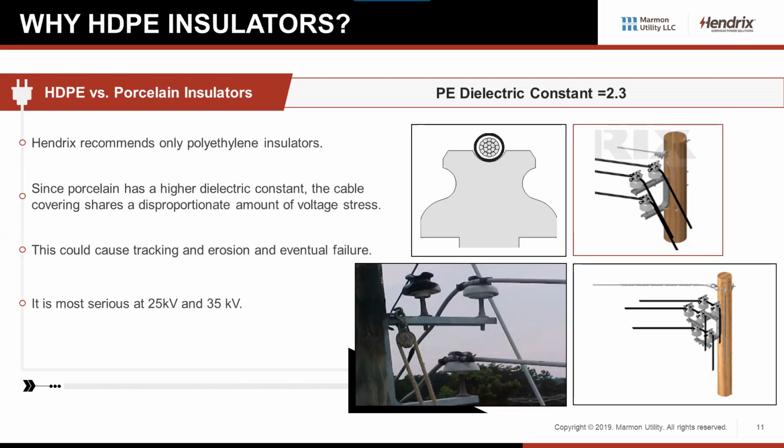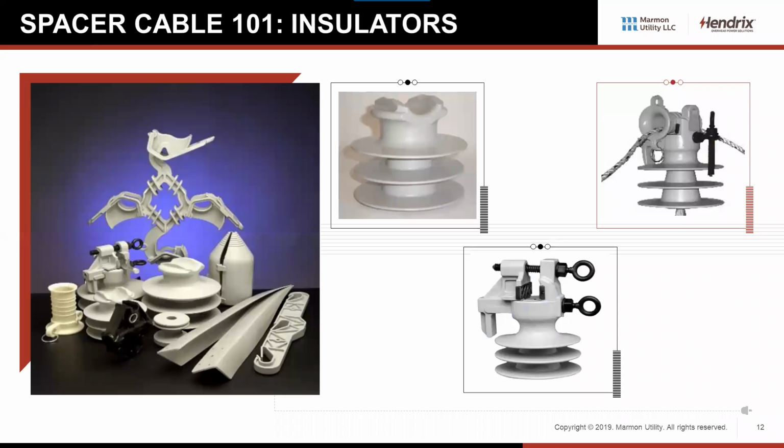So in the early 1960s, we came out with our own tie-top insulator, and we manufactured it from the same polyethylene that we put on the covering of the conductor. In the mid 70s or so, we took that a step further and developed what we call our vise-top insulator. You can see that in the picture here on the bottom.